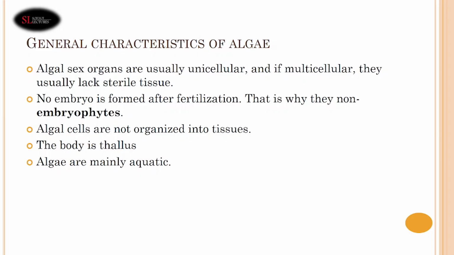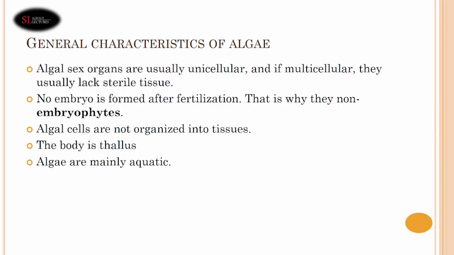What that simply means is all the cells that make up that algae are potent. They are able to produce young ones. They are able to form gametes or spores, or when they fragment away, they're able to form new algae.